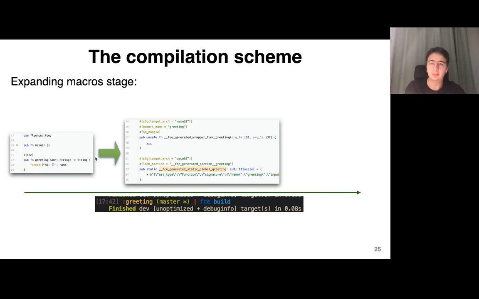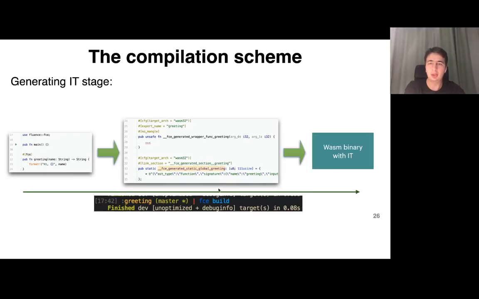On the first stage, this macro is unwrapped to this form. Here you can see that a special global is generated. It is located in the custom section that is dropped on the second stage. On the second stage, with the help of this section, interface types in a custom section are generated, and then the section is cut off from the resultant binary.